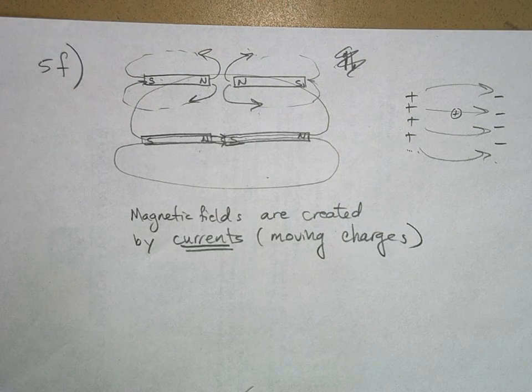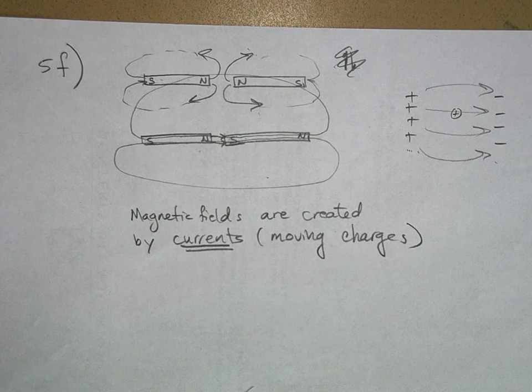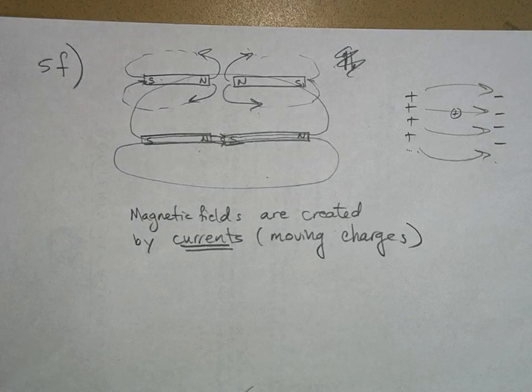And if you line them all up, they're all kind of moving the same way. They're spinning the same way, and they're circulating in the atoms the same way. Well, that's a circulating current. Those moving charges act as currents, and they create magnetic fields. Every electron in your body creates a little magnetic field as it spins and moves around the atom.